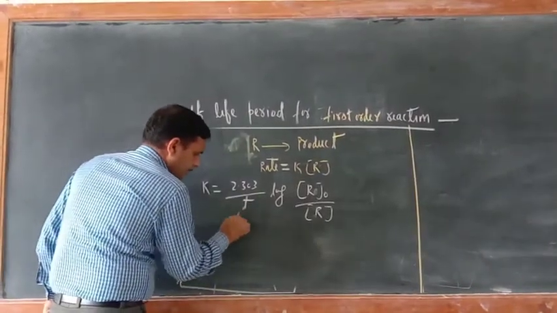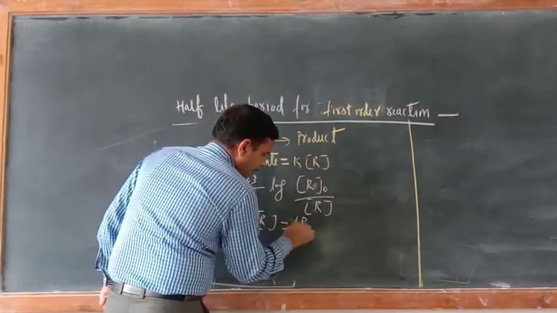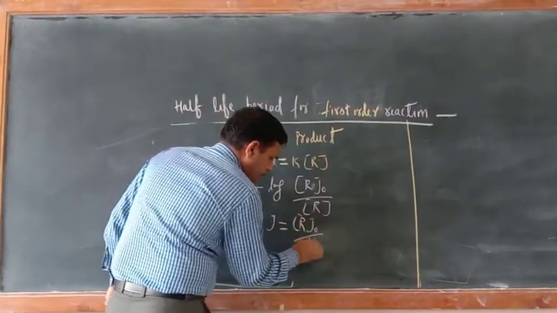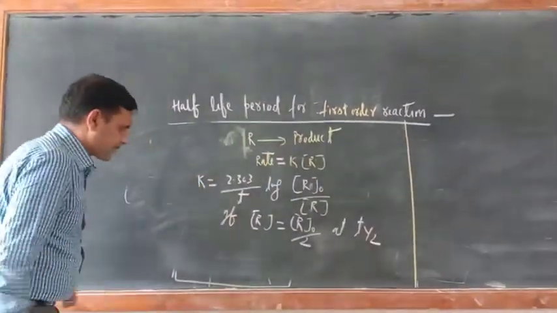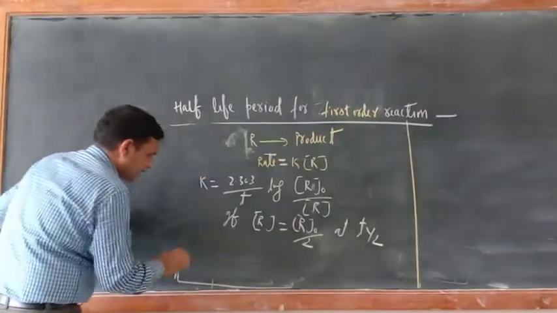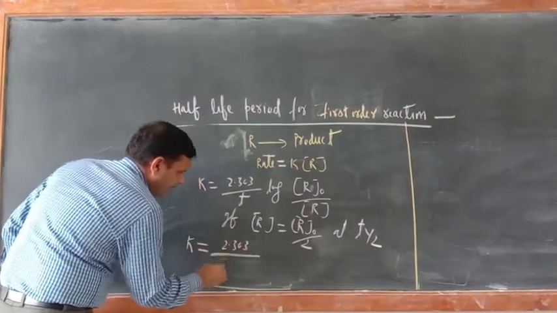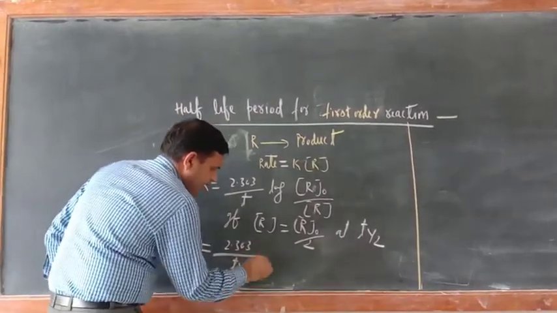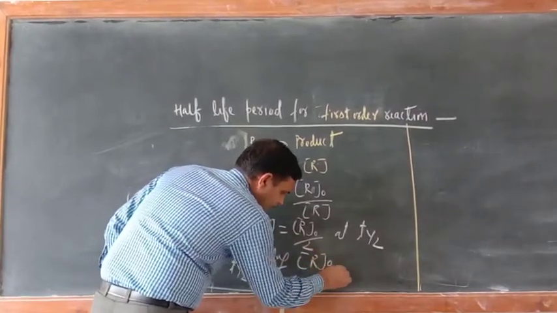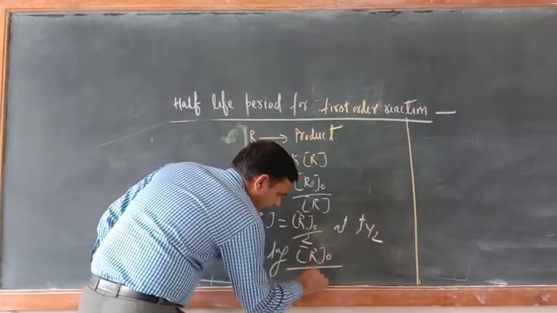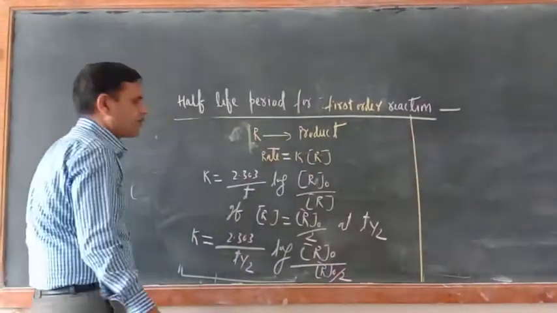If r equal to r0 by 2 at t half, then this expression can be written like that: k equal to 2.303 divided by t half, log r0 by r0 by 2.